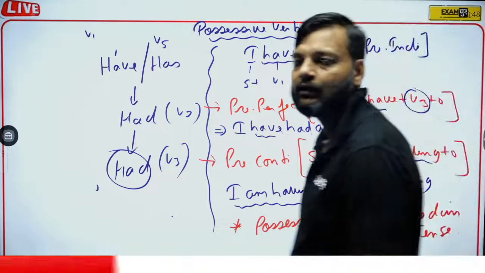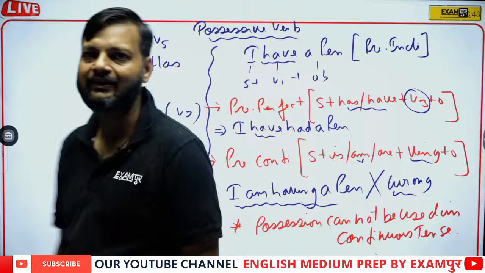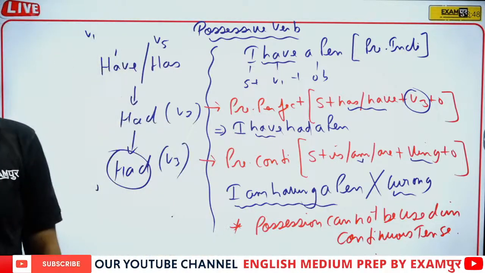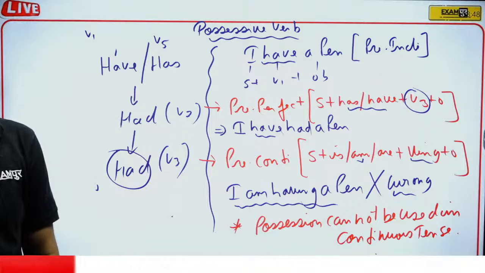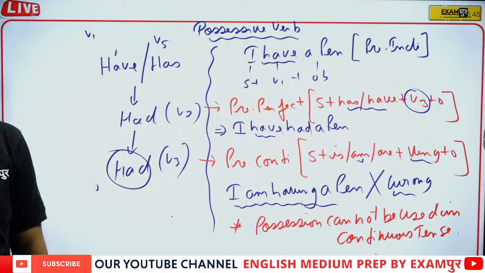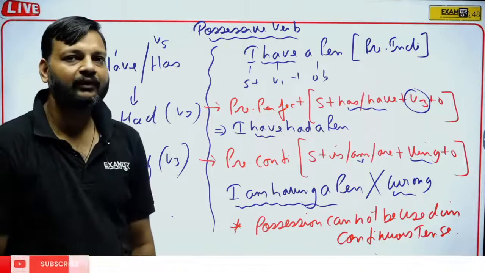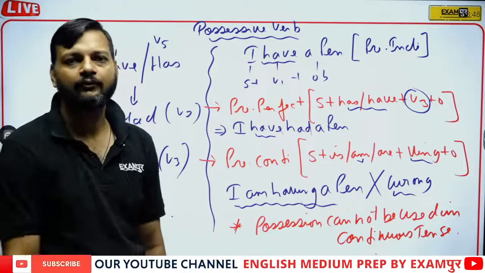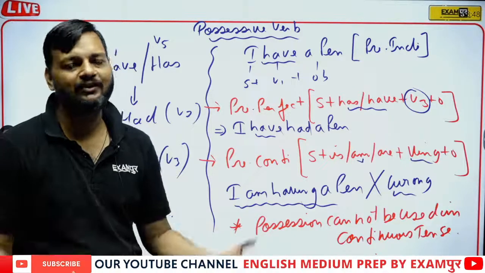Possession cannot be in continuous tense. That's why this sentence is wrong. Okay. So I am having a pen. Structure wise it may be correct, but meaning wise it is absolutely wrong. And if something is wrong, it means it is wrong.